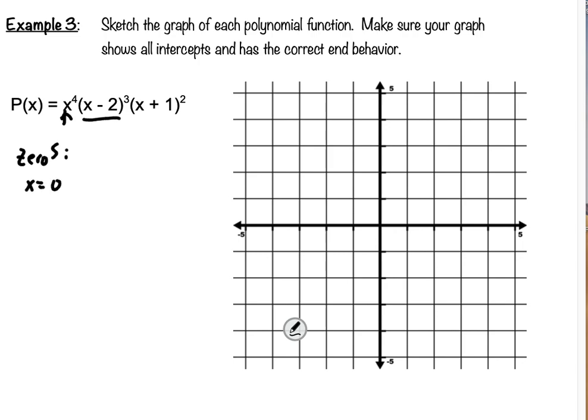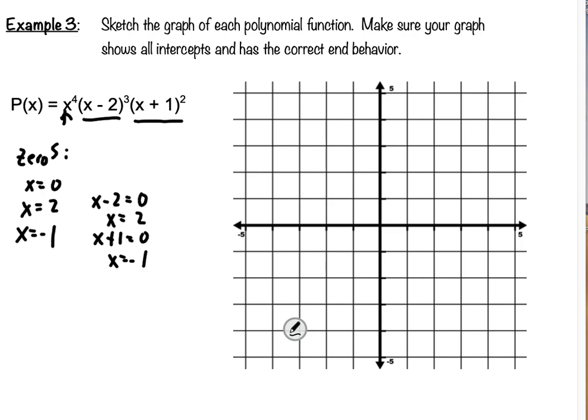How do you get 0 there? If you can't see it, you just take x minus 2 and set it equal to 0 and solve for x. Well, obviously it's 2. And then how do you get 0 there? Again, you could just set it equal to 0 and solve for x. And then our other one here, x plus 1 equals 0, x equals -1.